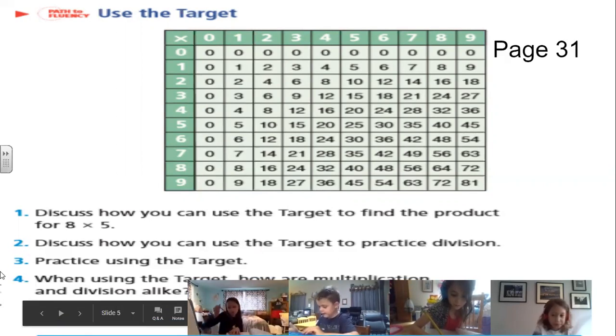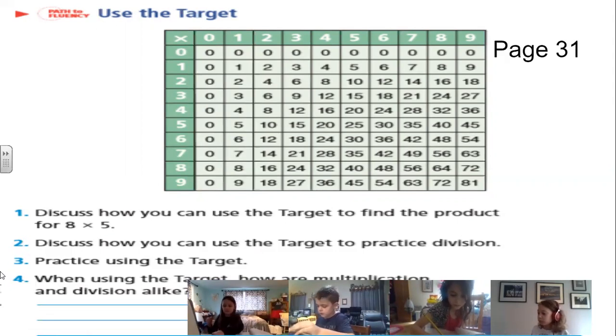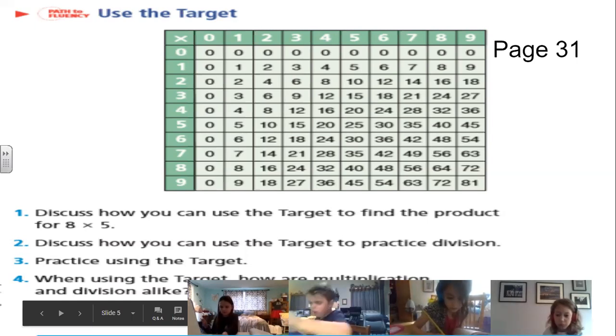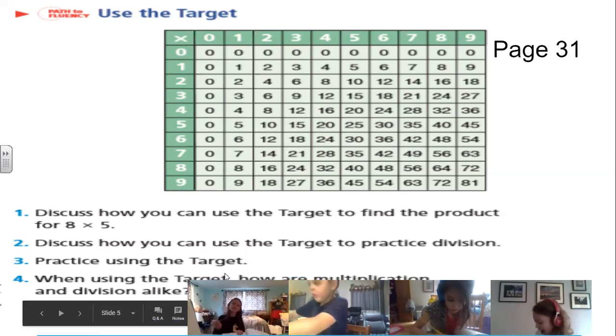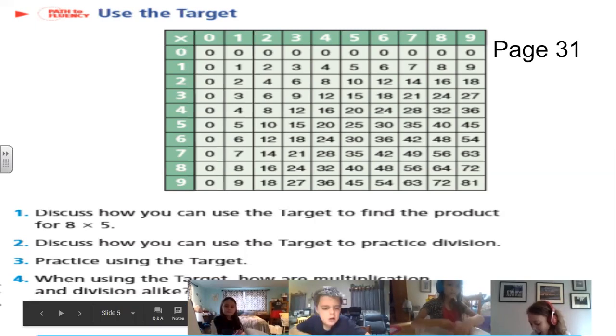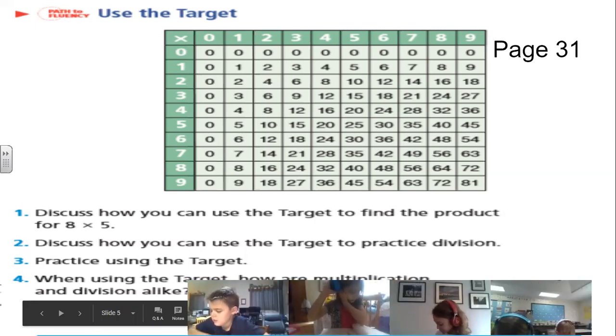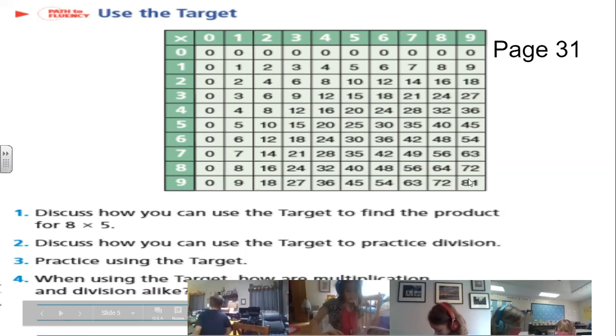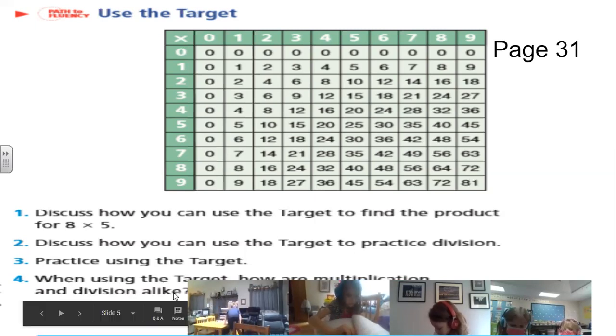Mrs. Harrison, I could do a quick breakout room for them to share what they notice. Is that okay? If you are at home, I think I can. Do I have to not share my screen? Let's click on the, look at the top where it says where you're sharing.